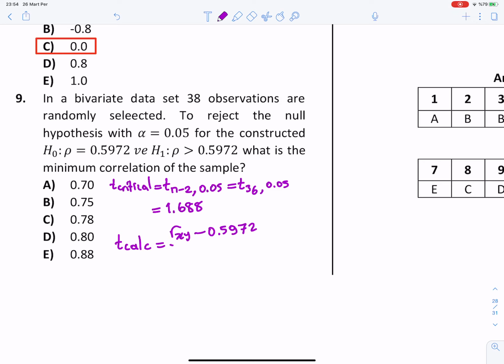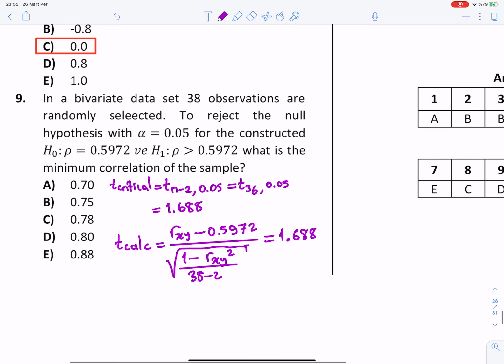That's the calculated statistic, divided by the standard error of the correlation, which is within the square root, 1 minus r_xy squared, divided by 38 minus 2. And this should be at least 1.688.